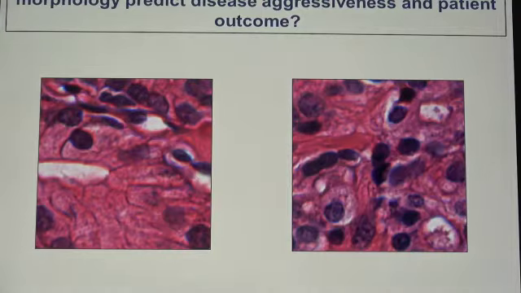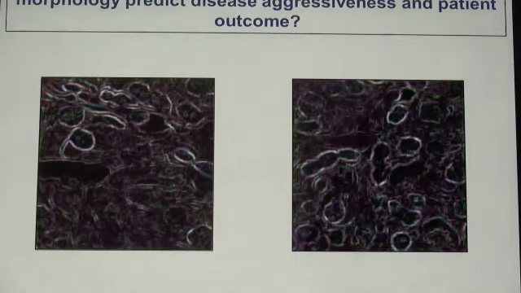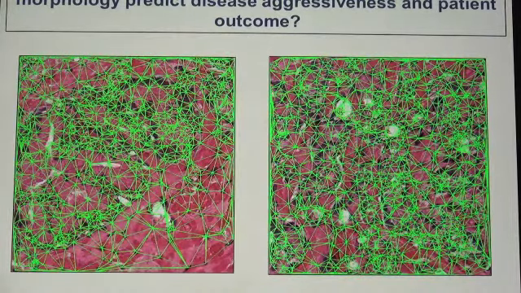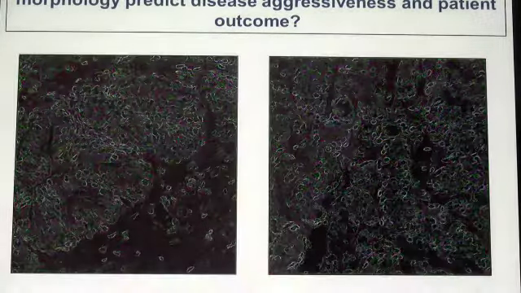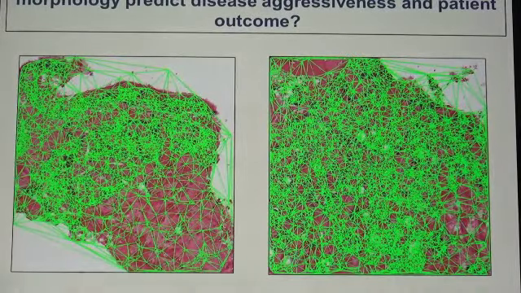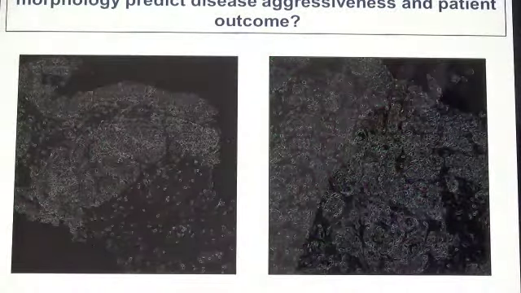But the right analytic tools can allow us to extract more information than can be visually discerned. And the beautiful thing is, you can look at nuclear architecture and nuclear texture across different fields of view, because with the right tools, hardware, and processing power, you can scan the entire slide.